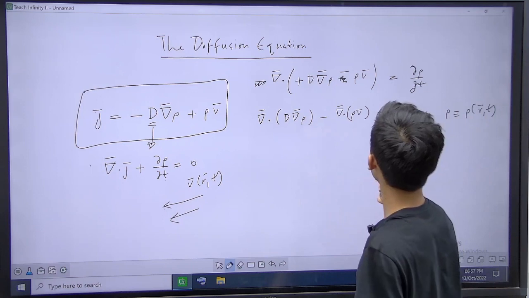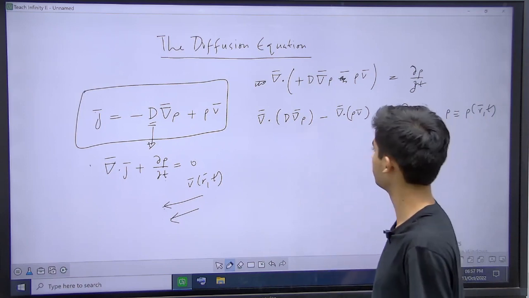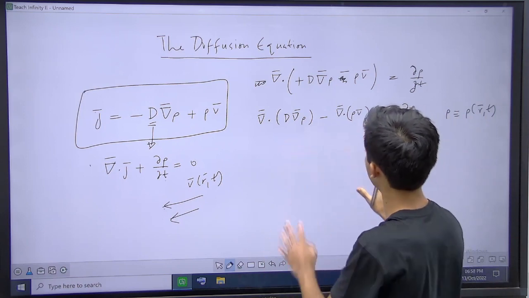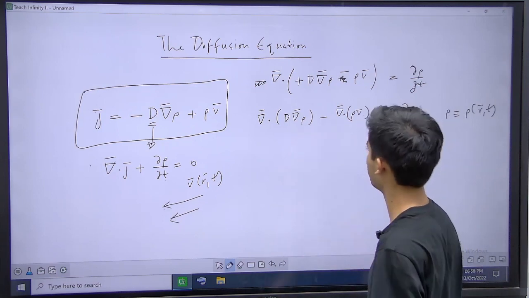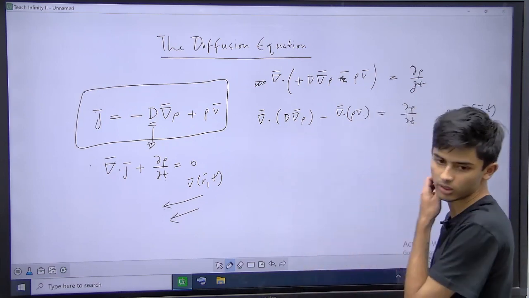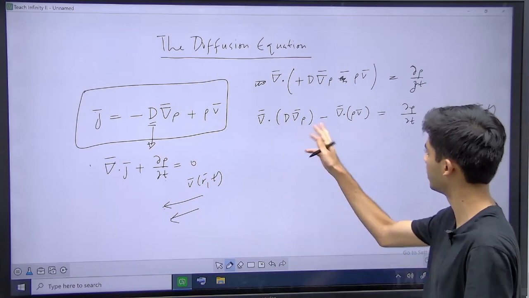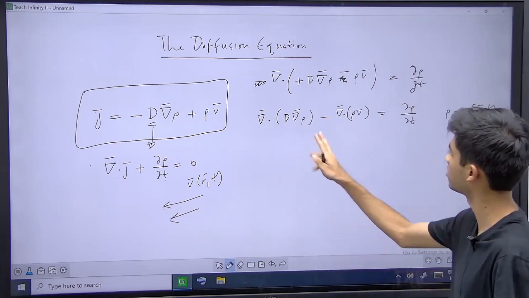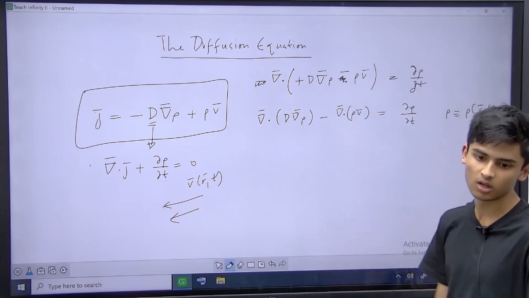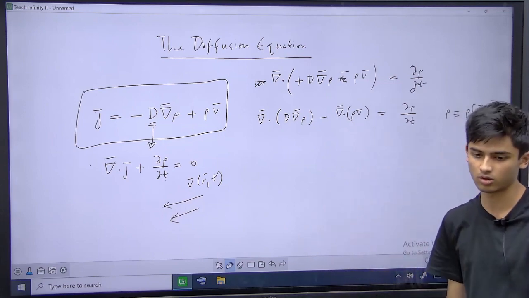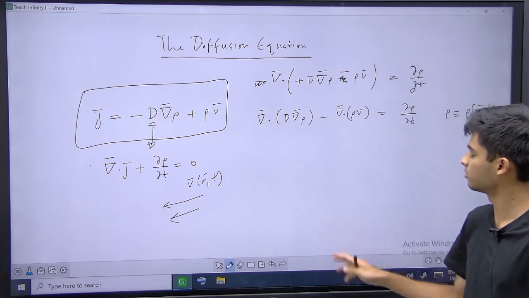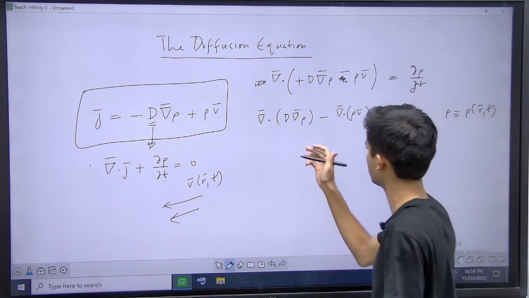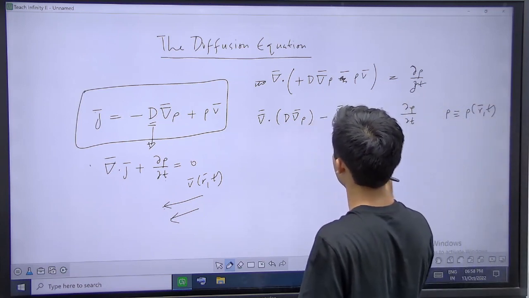I just want to formally open up this expression, and then later, if we want to even have a decent chance at solving this, we will have to assume that the medium is isotropic, so D is constant, as well as assume that V is some constant uniform velocity in some direction. But for now, let's just keep it as general as possible.